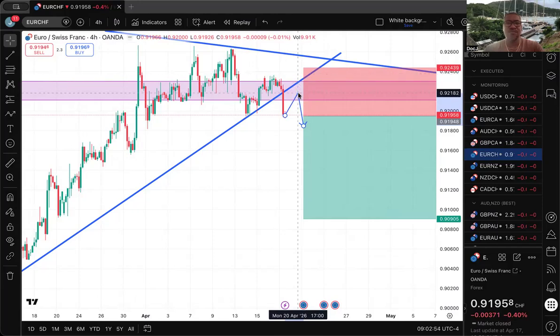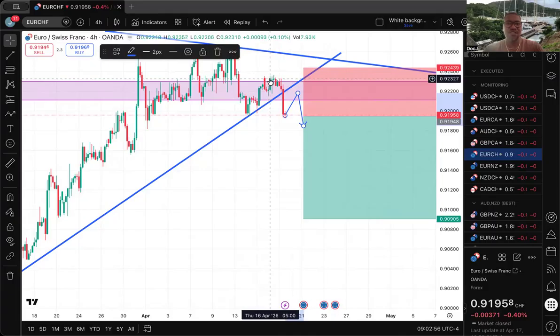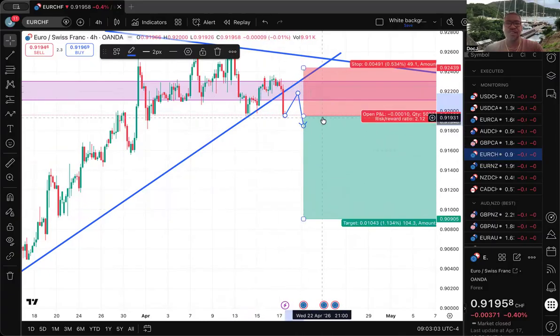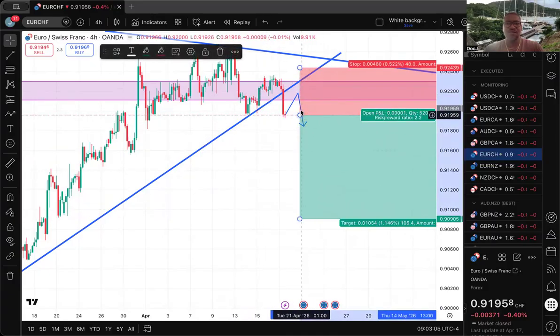So you want price basically to stay under this area and then continue moving downward. Once that happens, that's when you can enter the trade. And so that's how I choose my trades.